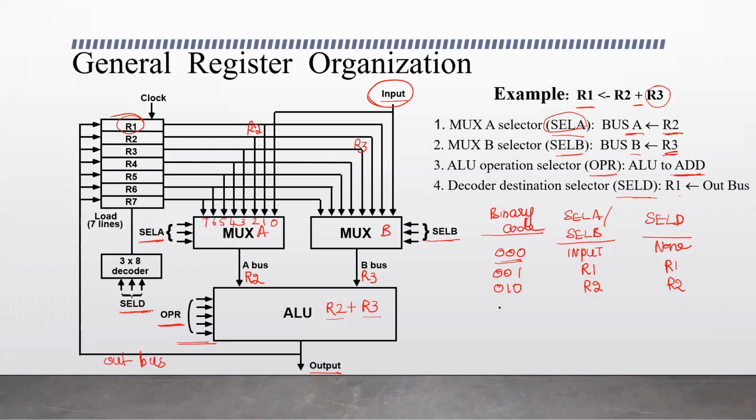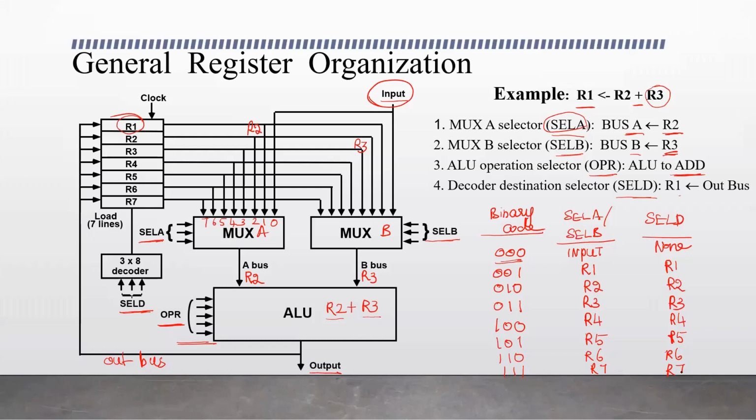And when the binary code of the selection input is 0, 1, 1, register R3 gets selected. When it is 100, the register selected would be R4, and 101, it is R5. 110 is R6, and when it is 111, the register R7 gets selected.